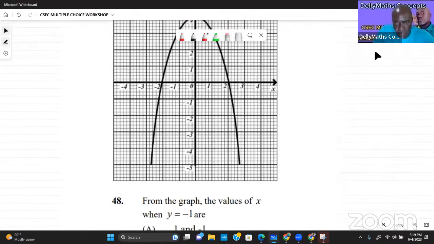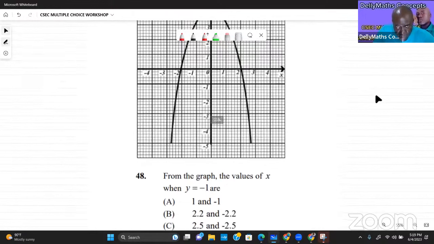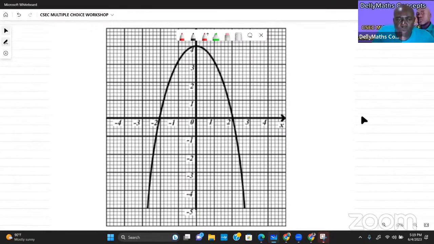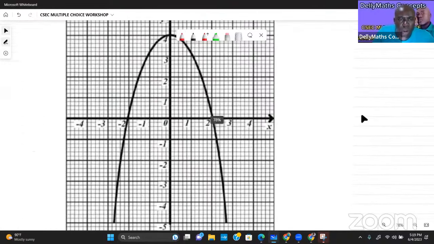It says, from the graph, the values of x when y equals 1, -1 are, okay. So we want to know what is x when y equals -1. So we're going to go where y equals -1. All right, so -1 is right here. So you want to read off right here, and right here.